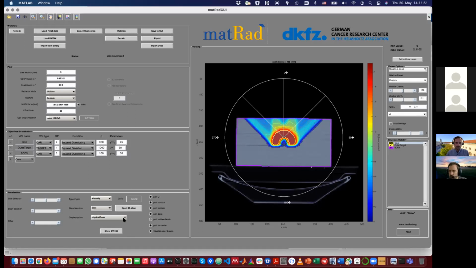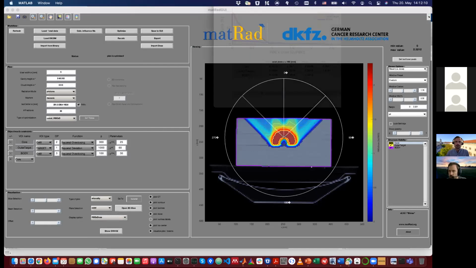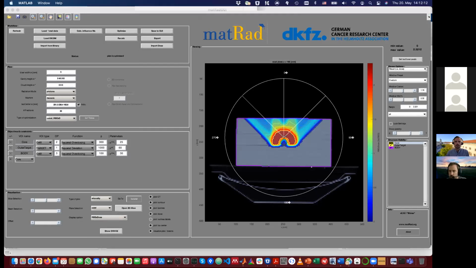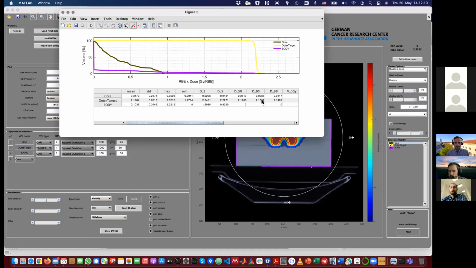All right, and now we see an updated dose. Here we can go to RBE times dose in the display option. And now we can again have a look at the DVH, which now puts out a D95 of 2.16 gray.